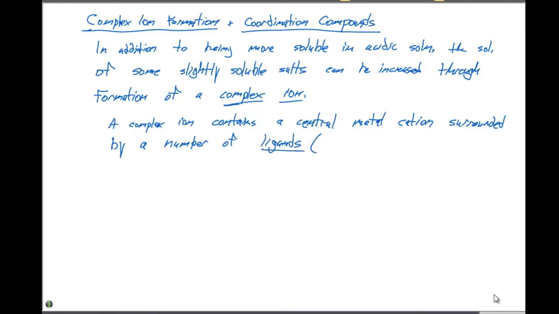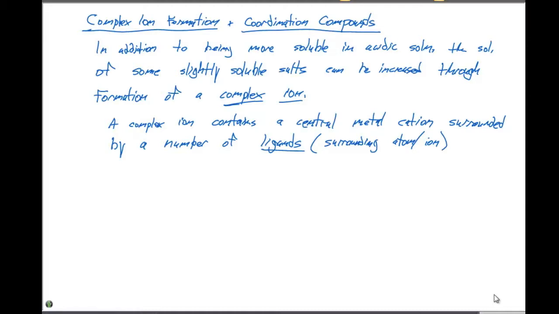The thing that sucks about this definition is that I'm using a term, ligand, that we probably have to define to understand this. A ligand is simply a surrounding atom or ion. And these ligands act as a Lewis base, which have a pair of electrons that form what we call a coordinate covalent bond.